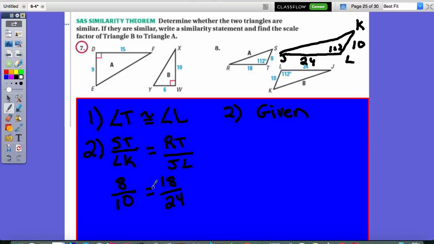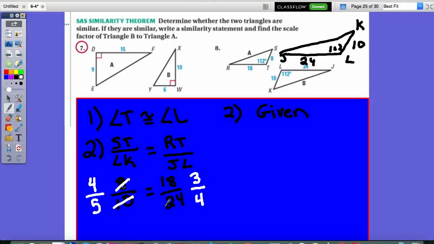So I'm going to simplify this. 8 and 10, they're both divisible by 2. That's 4/5. 18 over 24 simplifies, they're both divisible by 6, so it simplifies to 3/4.